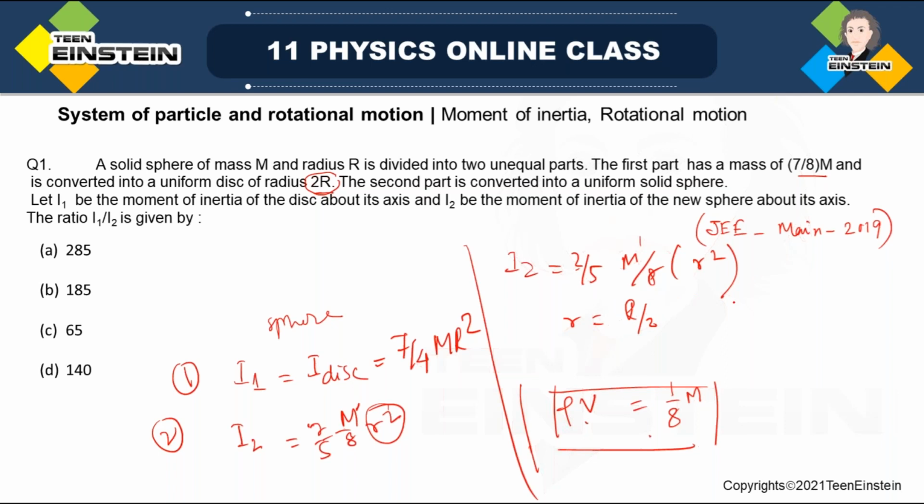If we put it here, this squared is 4. So 2 by 5, m is already there, R square by 4. Yes, R square by 4.